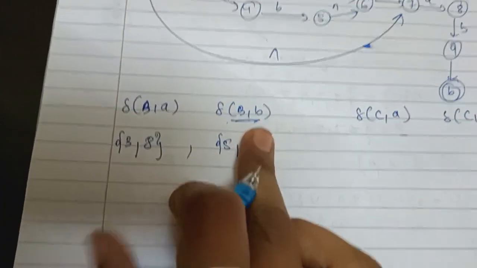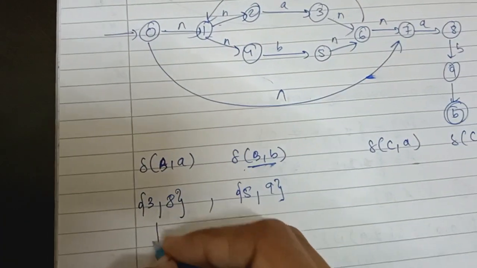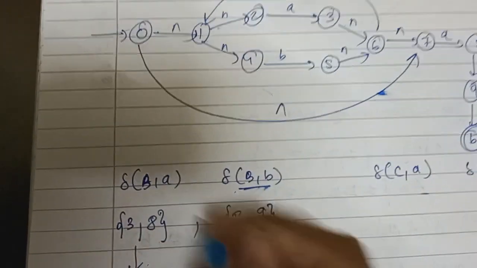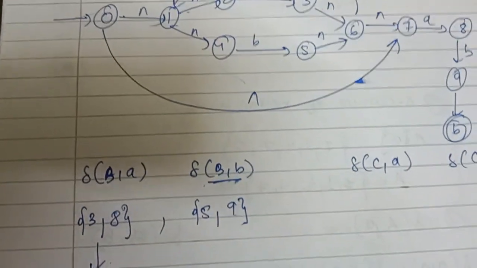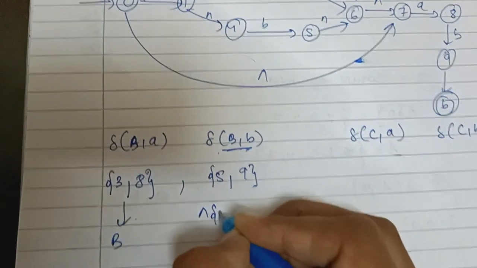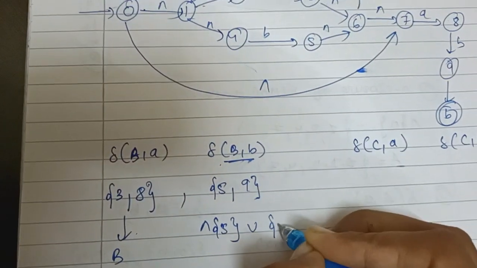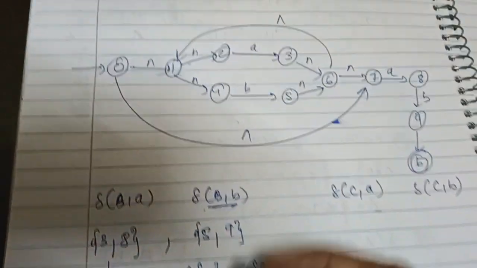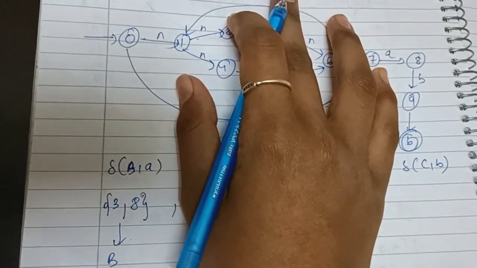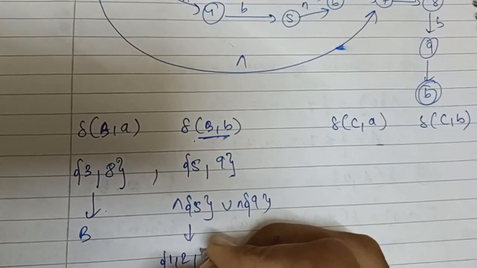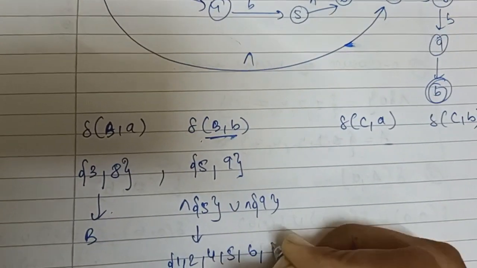Now let's find out the null closure of this both. So null closure of 3 comma 8 we already found, that was B. Now let's find the null closure of 5 comma 9. We already know the null closure of 5 and it will do the union of null closure of 9. Null closure of 5 was what? Our set C. Okay, so set C was what? 1, 2, 4, 5, 6 and 7.